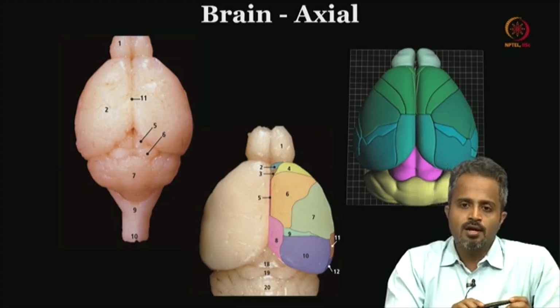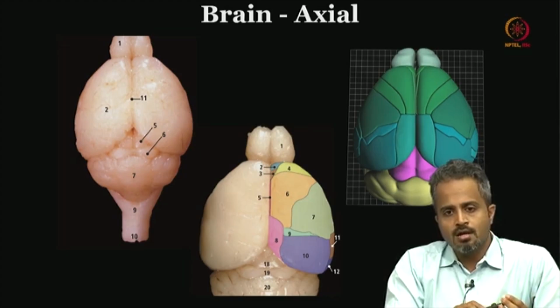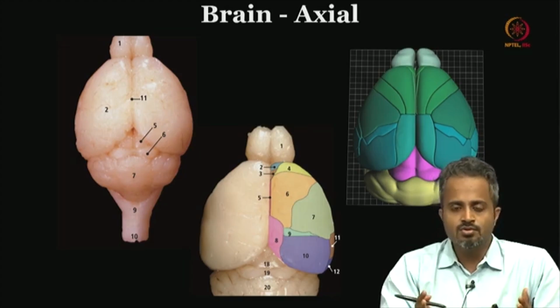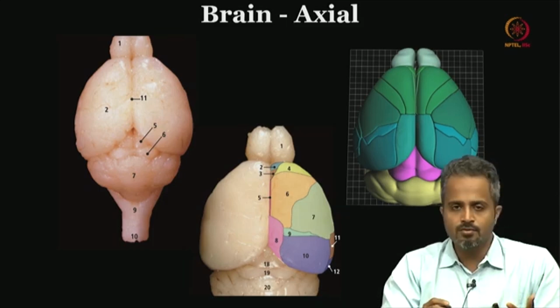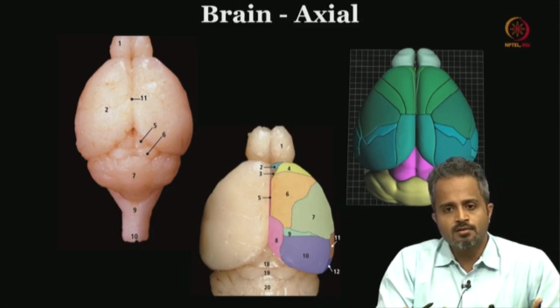At this point, I would like to tell you all that there is an entire huge research lab dedicated to the mouse brain, and most of you must be using their atlas.